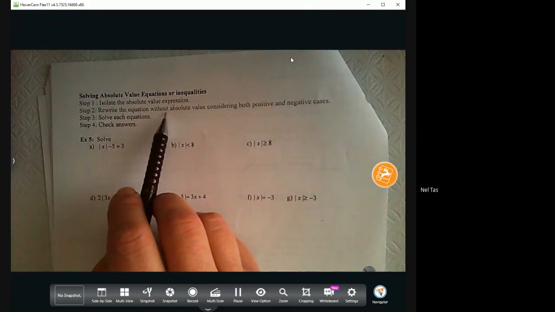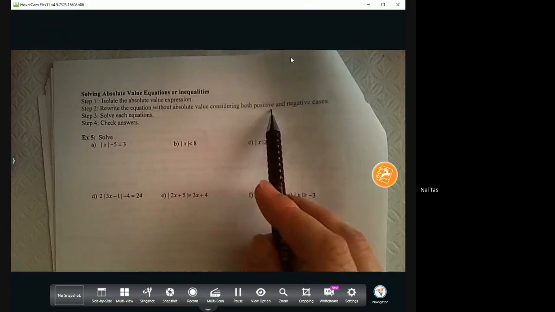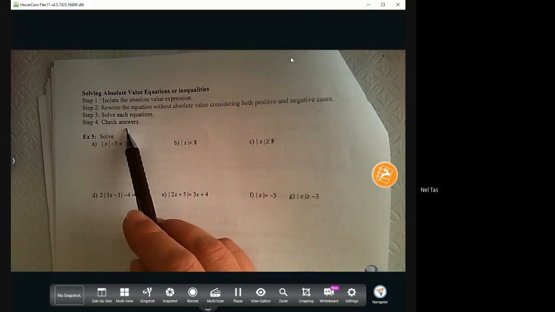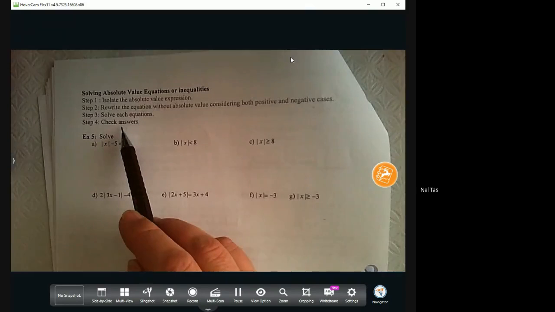Step 2, rewrite the equation without absolute value, considering both positive and negative cases. Solve each equation and finally check your answers. Okay, so even if the question doesn't ask you to check your answers, you have to do it anyway.